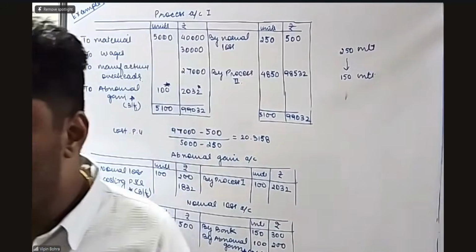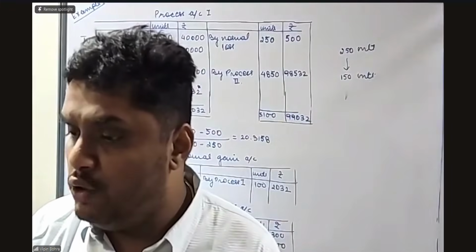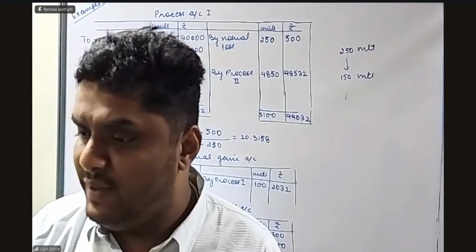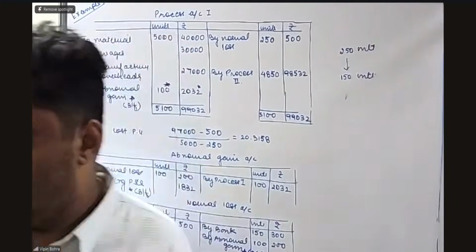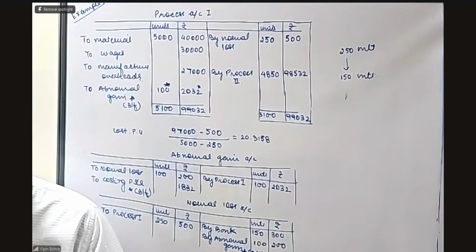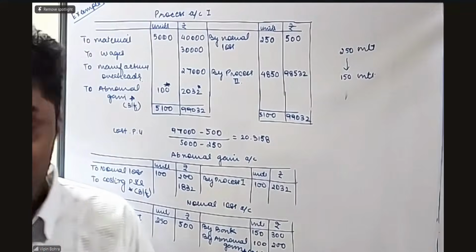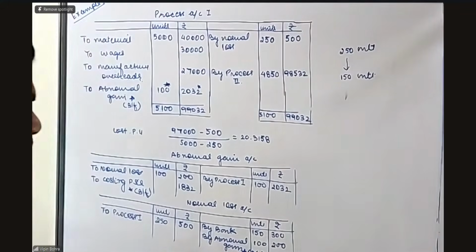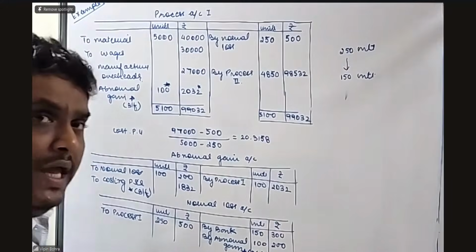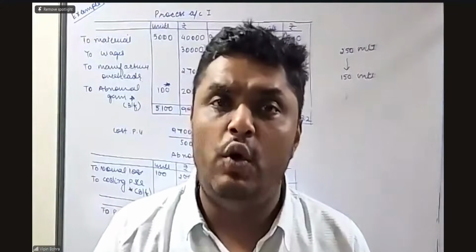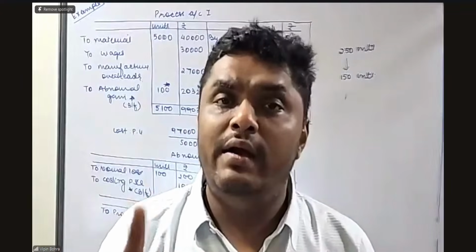I request you guys to copy this explanation. In the meanwhile, those who have any doubts or queries, you guys can please post. Yes, Kuldeep, this is the way you have to present. Very, very important. Normal loss, when talking about the units that are actually sold in the market, it is only 100 units.